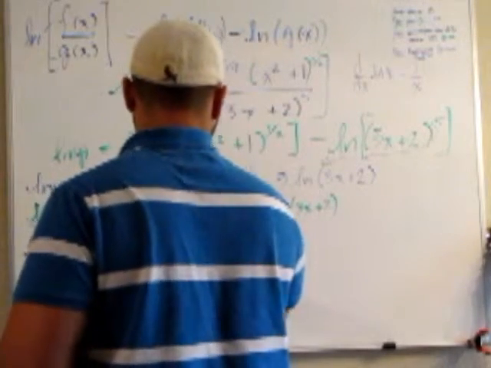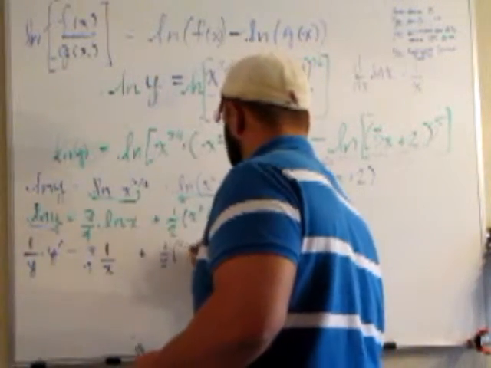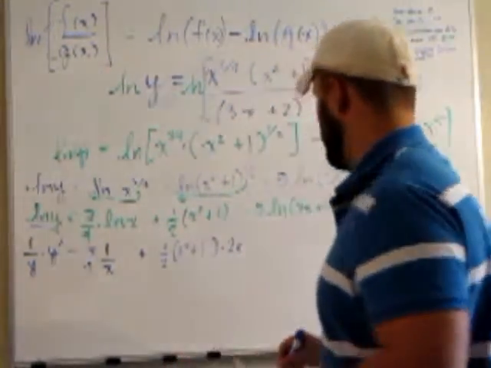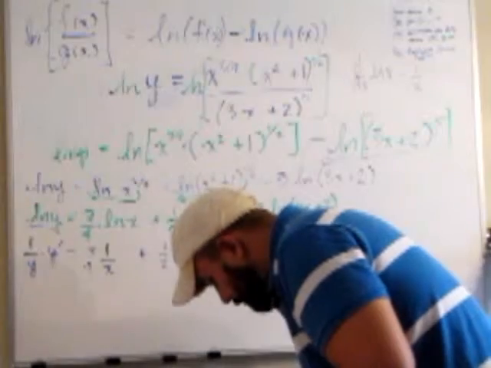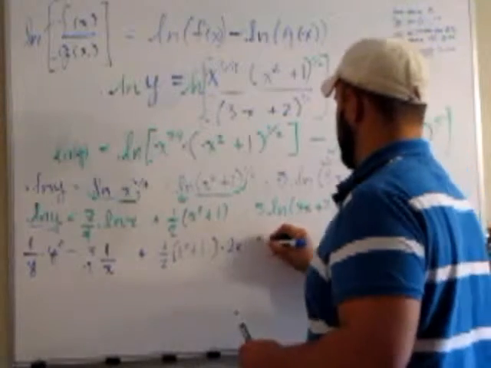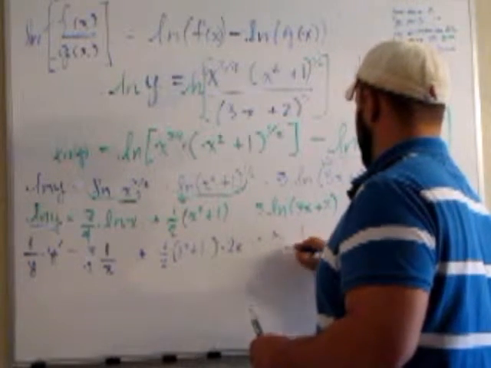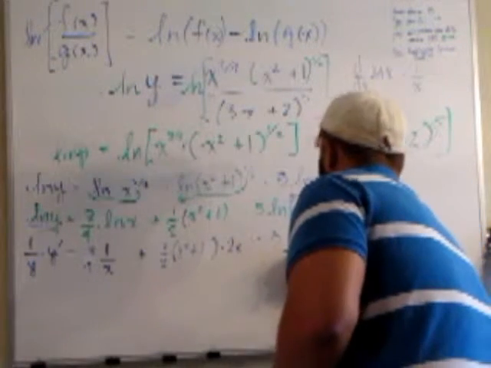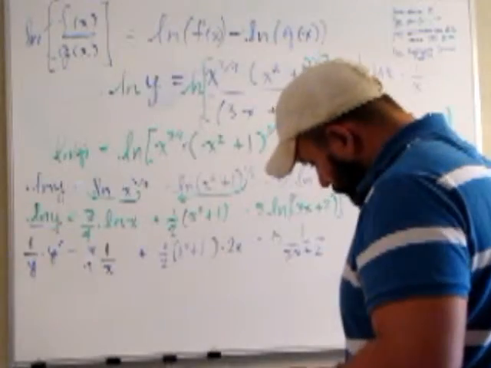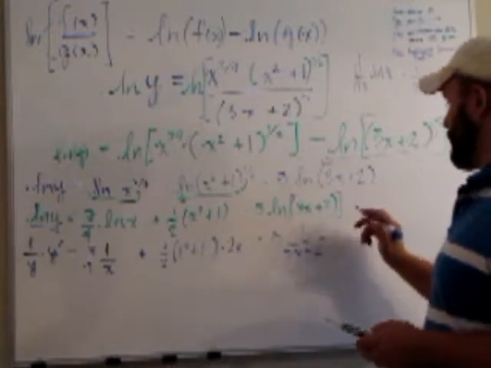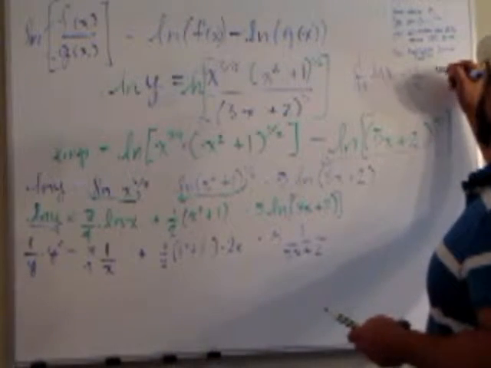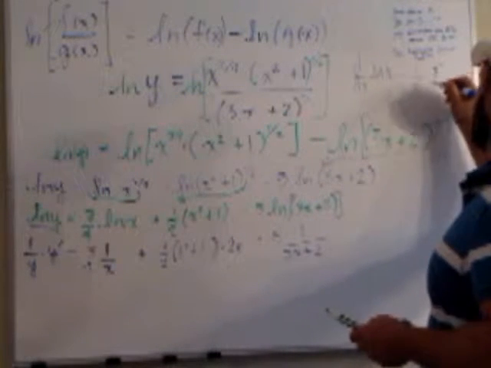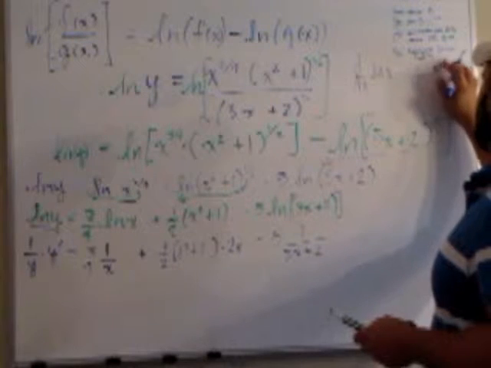I'm going to leave the inside the same the first go around. 2x plus 1 times 2x is the derivative of the inside. And then this one becomes 5 times 1 over, in this case, this is the x, so it's 1 over 3x plus 2 times the derivative of the inside, which really is times x prime, but in this case, it's just 1, so it doesn't matter.